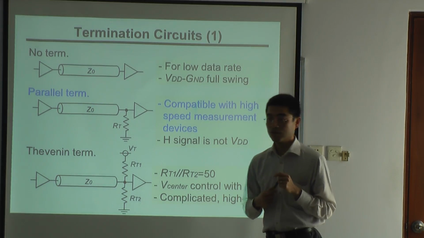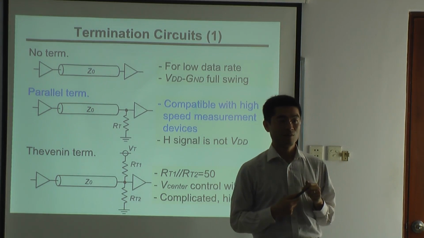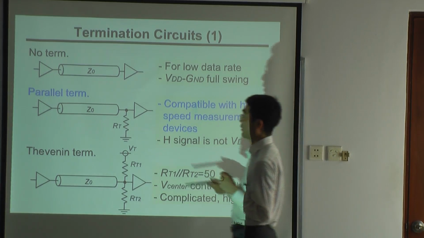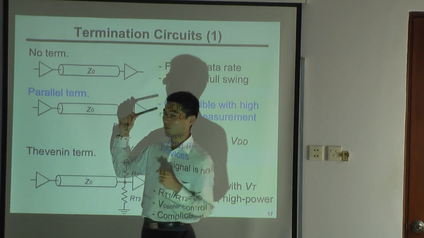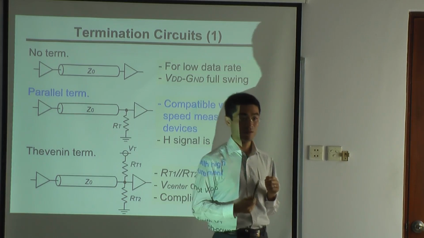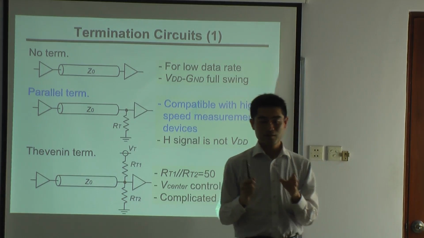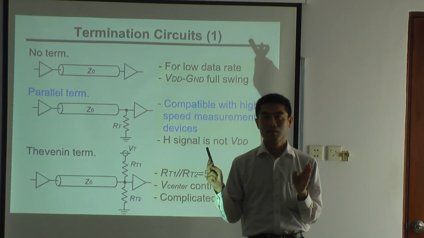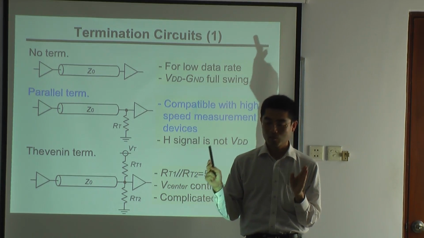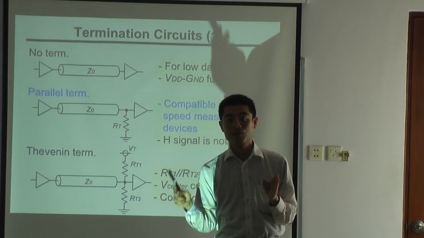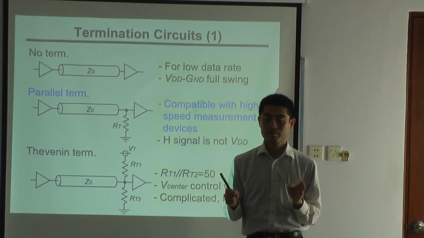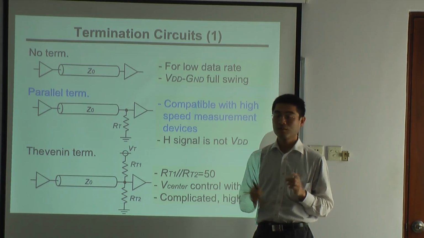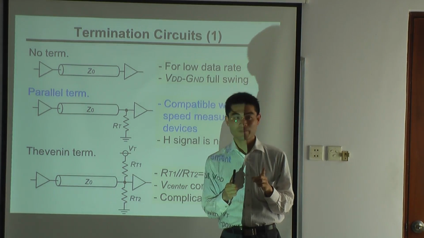And there are many kinds of matched termination too. Usually for low speed, that means the transmission line length is less than 1/6 of the wavelength. For 1 gigahertz signals, it is about 6 centimeters.